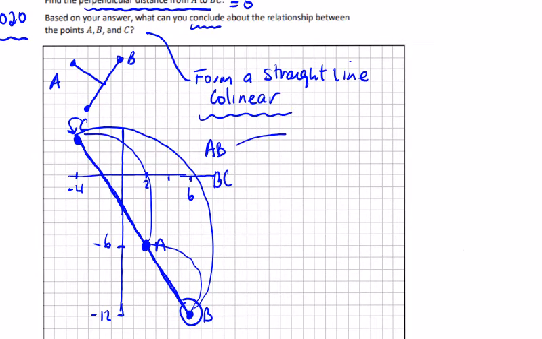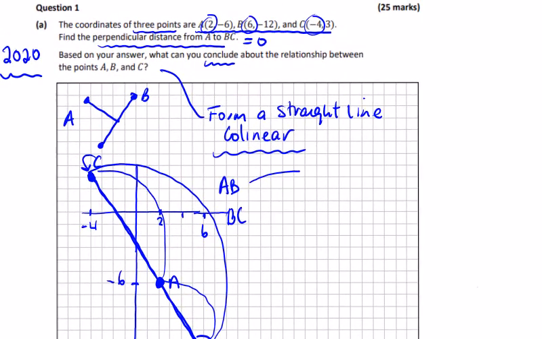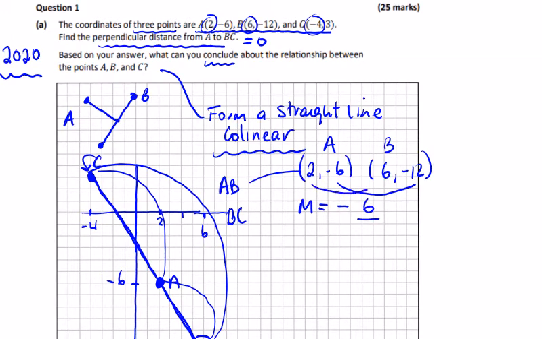Let's write the points out for AB and BC. A is 2, minus 6, and B is 6, minus 12. The slope is negative by our diagram. The change in y is 6, and the x change from 2 to 6 is 4. So the slope is minus 3 over 2.